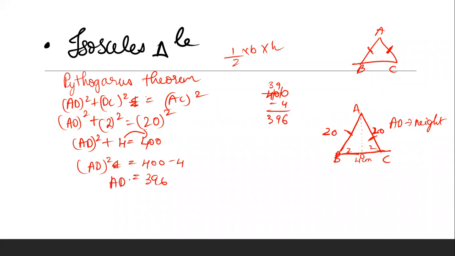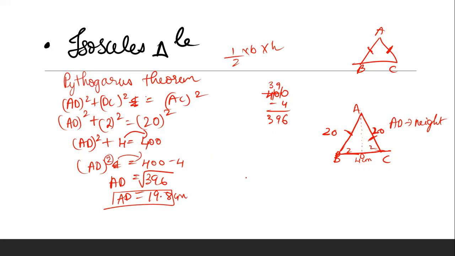So AD is equal to root of 396. When the square goes to the RHS, it becomes root. So when we find out the square root of 396, we'll get AD as 19.8 because it's not a perfect square. Okay, so AD is equal to 19.8 centimeter.